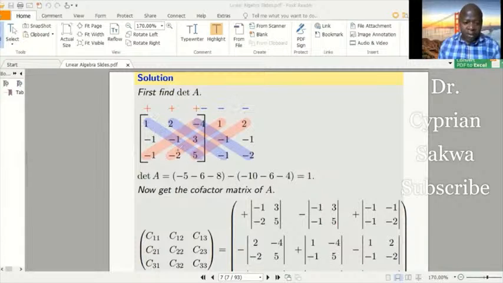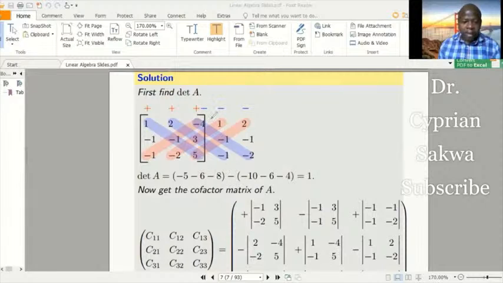So I have these 3 diagonals running from left to right. Along these diagonals, I multiply and add. You can see this is plus: this is negative 5, plus this is negative 6, plus this is negative 8.